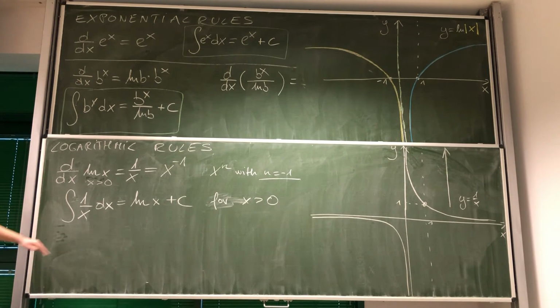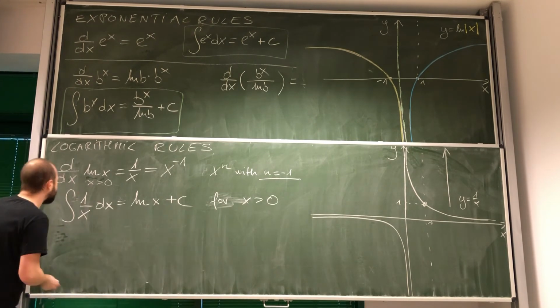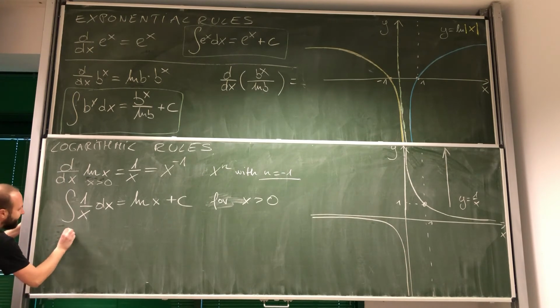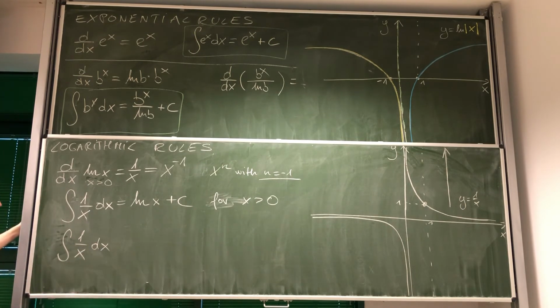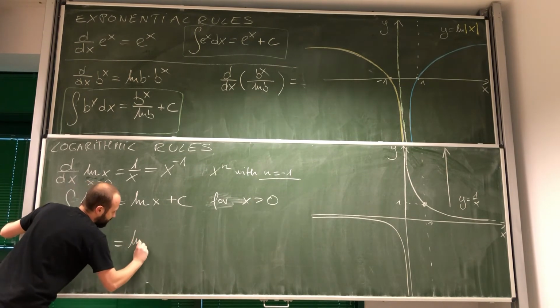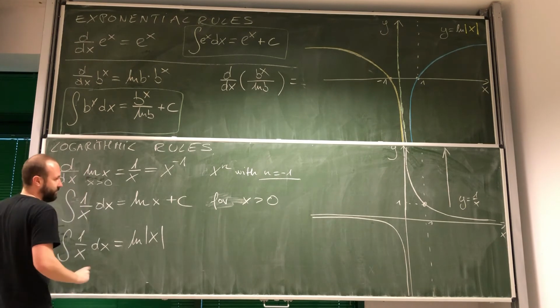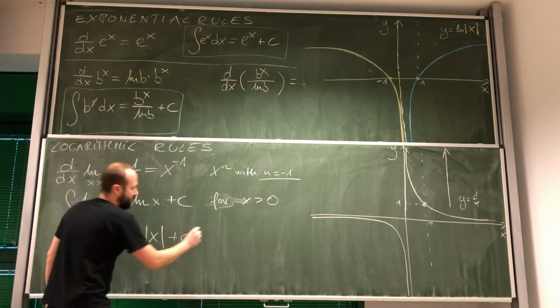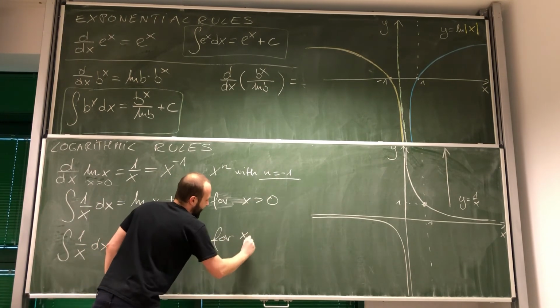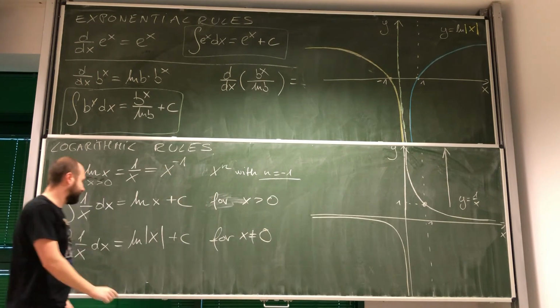And of course here, we can write the more general formula that the integral of 1 over x dx is equal to the natural logarithm of the absolute value of x plus c for x different than 0.